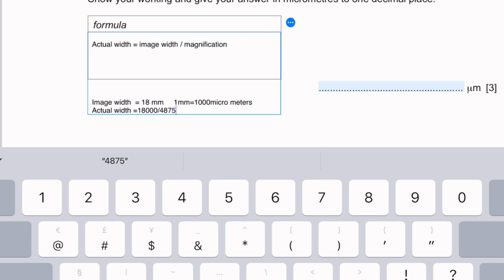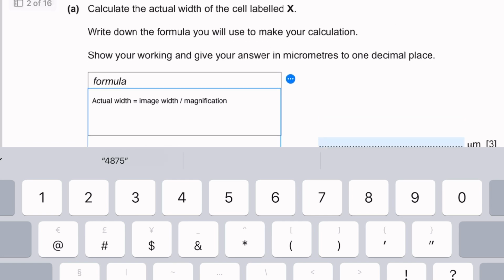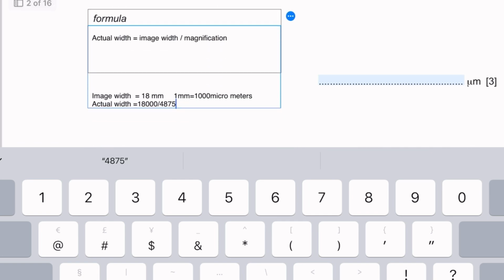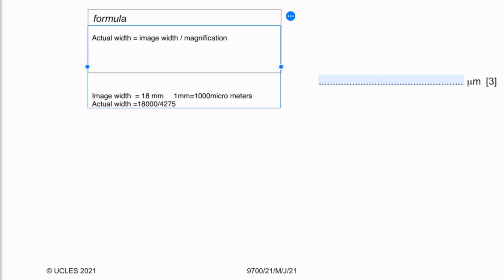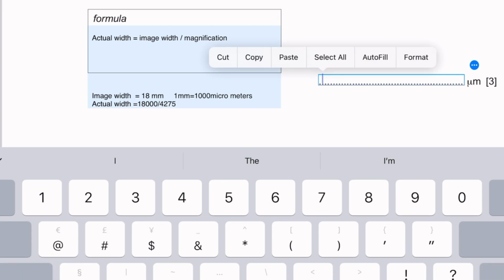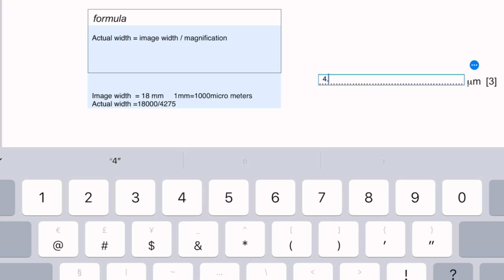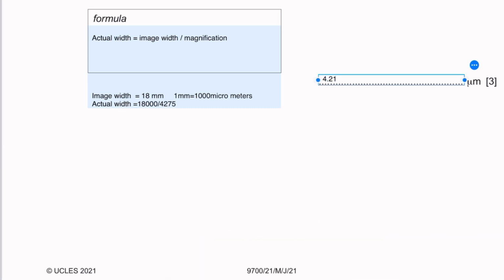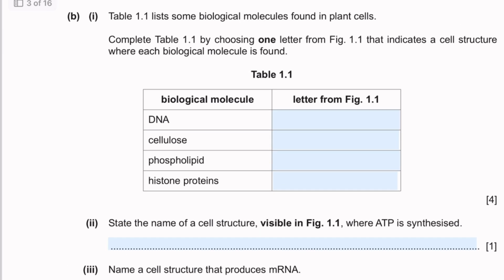Okay, so 18,000 divided by 4,275, you got 4.2 micrometers. Actually I get 4.21 micrometers. So 3 significant figures is what you would want to aim for. And since they already gave you the answer, you don't have to write them down yourself.